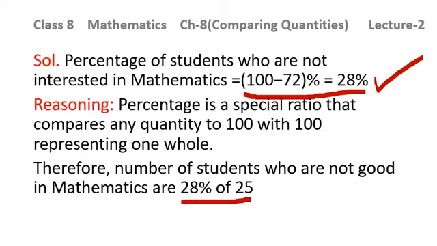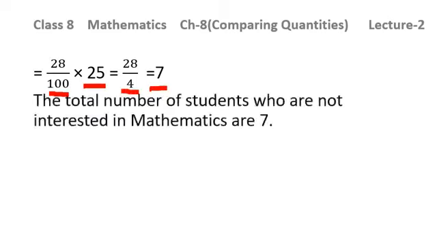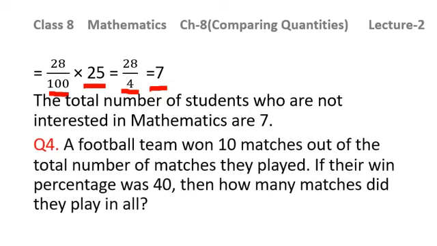That will be 28 over 100 into 25, and after cancelling 25 over 100 you will get 28 over 4. So the answer will be 7. The total number of students who are not interested in mathematics is 7. Next question is question number 4, that is, a football team won 10 matches.